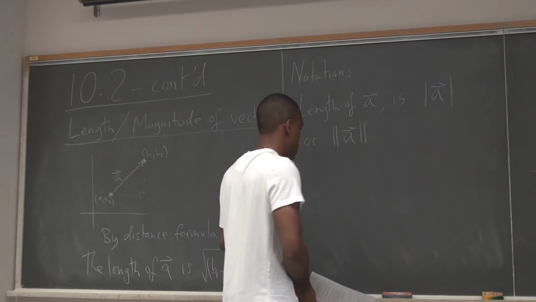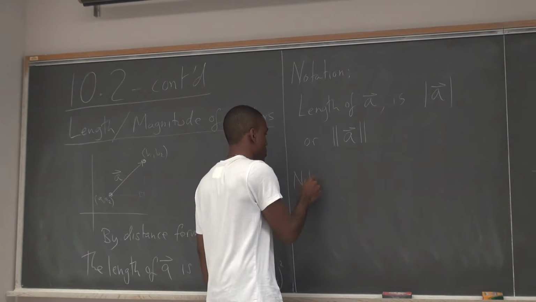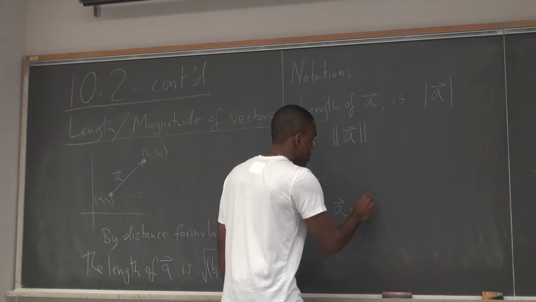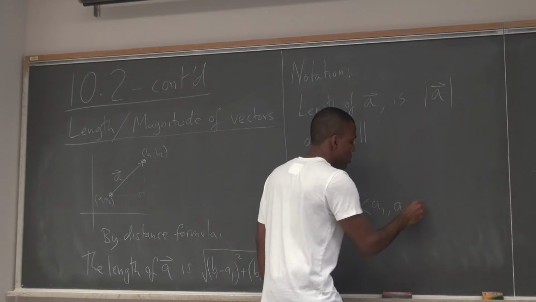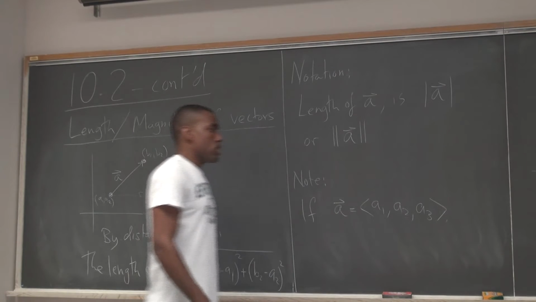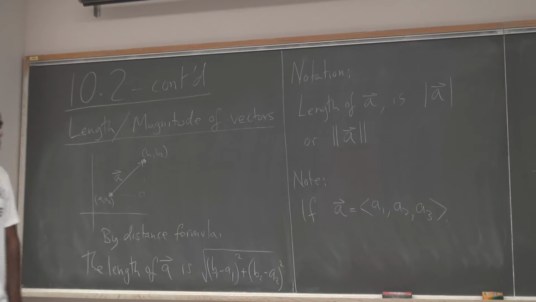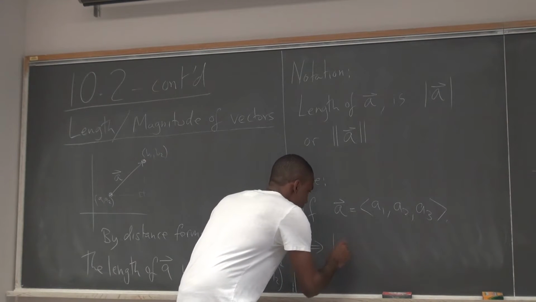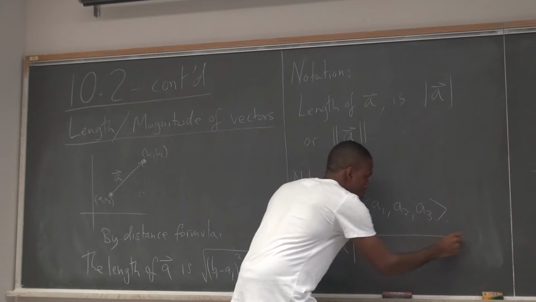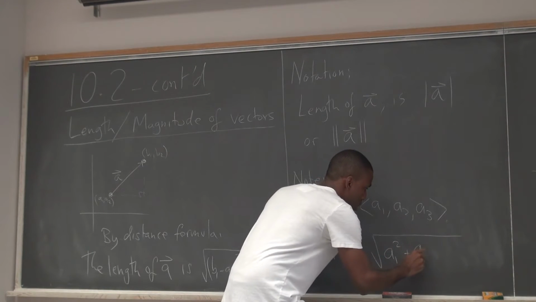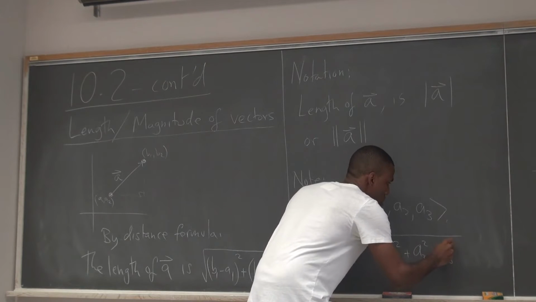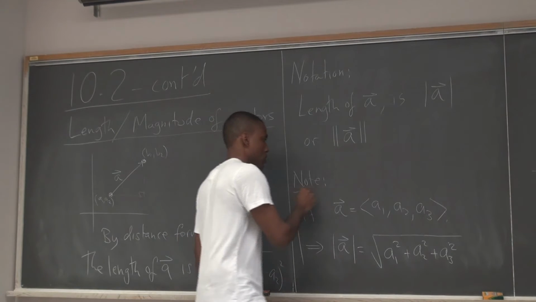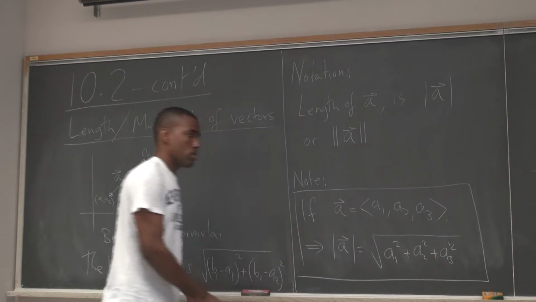So in other words, if A is equal to A1, A2, A3, you can think of it as a position vector where the initial is 0 and find the length that way. The magnitude of A is just going to be the square root of A1 squared plus A2 squared plus A3 squared. Formula.